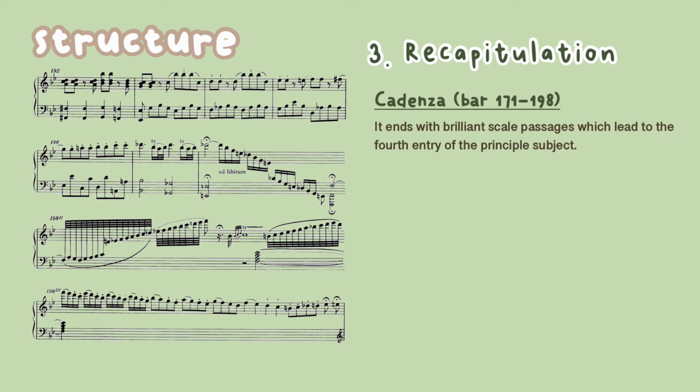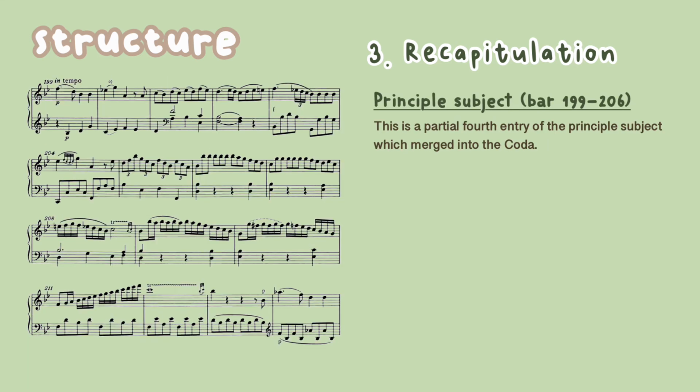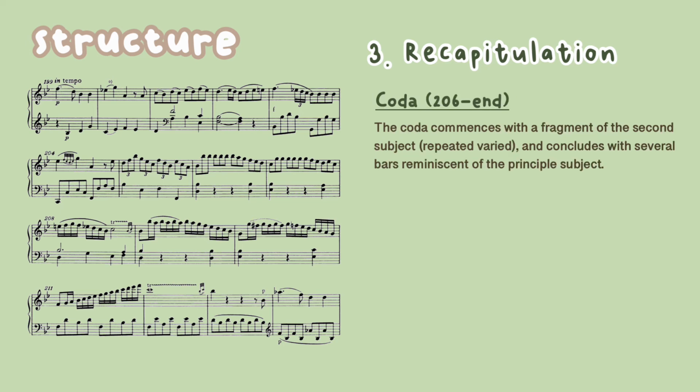This is a partial fourth entry of the principal subject which merges into the coda. The coda commences with a fragment of the second subject and concludes with several bars reminiscent of the principal subject.